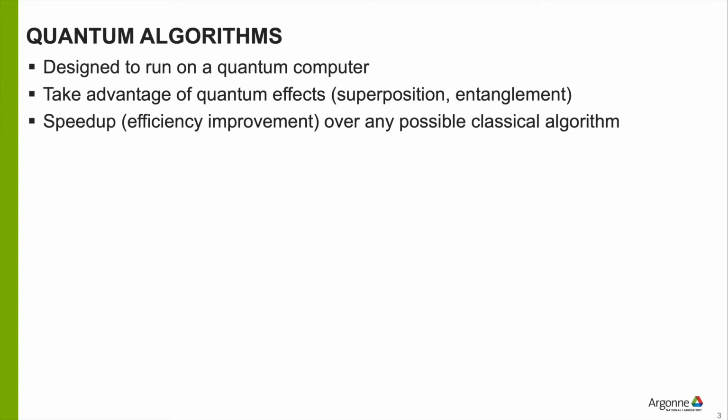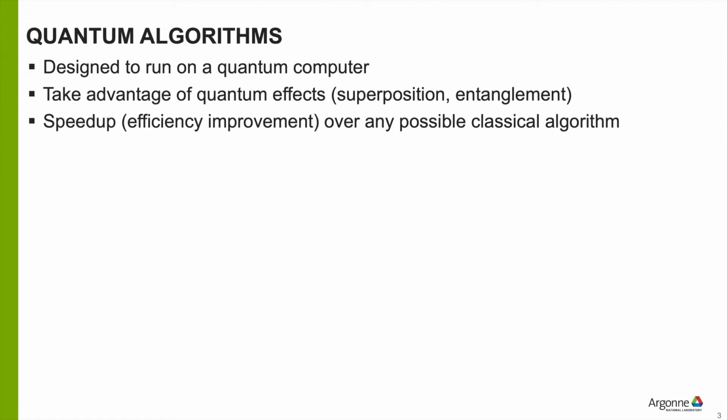So first of all, quantum algorithms are not just algorithms that solve classical problems faster. A quantum computer is not just a computer that can do the same stuff as a classical computer, just faster.